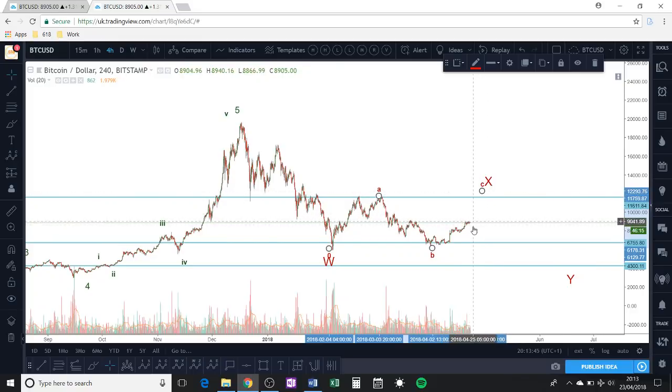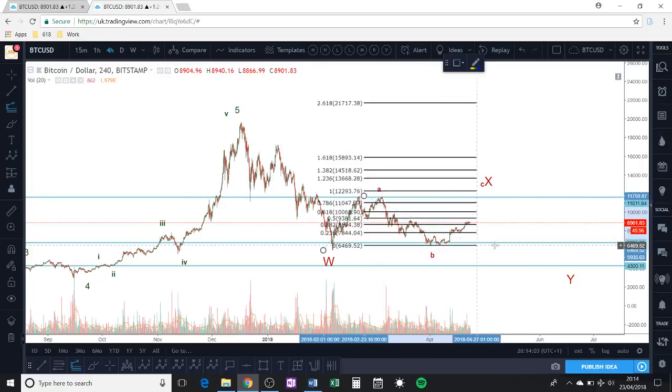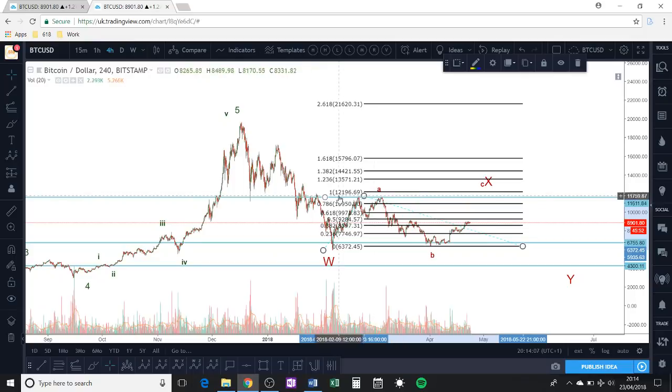So I'm struggling to see at the moment, but we'll have to see with further price action how that's going to develop. But potentially we could see a running flat where typically A is equal to C. If A came up to this point here, B came down to here, so C could come up to this 12,200 level, and that would form what's known as a running flat.